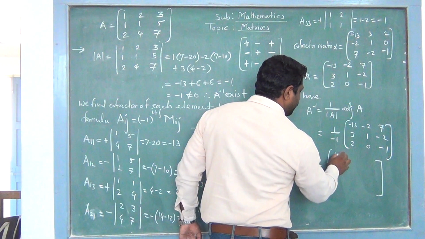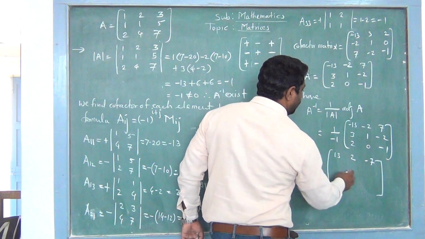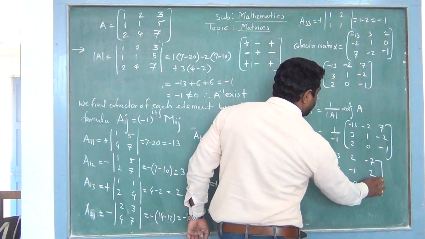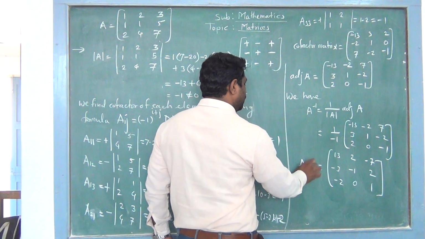So -13 becomes 13, 2 becomes -7, -3 becomes 3, -1 becomes 1, plus 2, -2, 0, and plus 1. So this is A inverse.